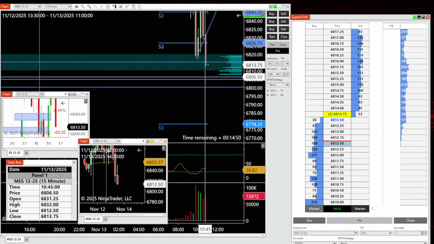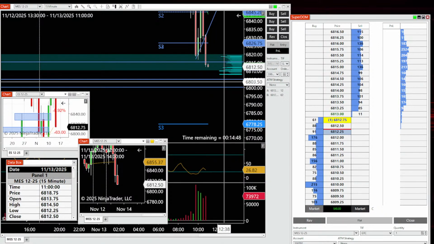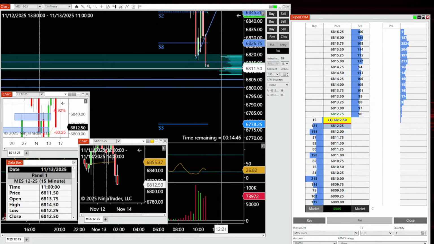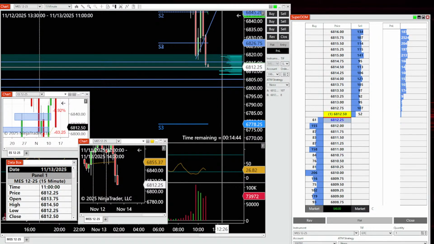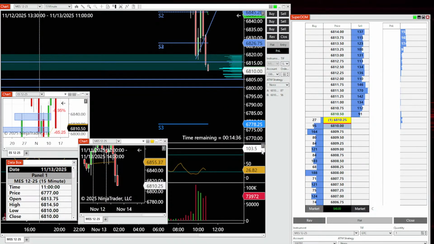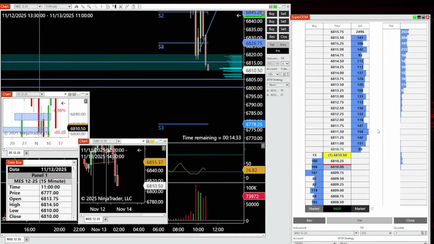Now, does it peak below and then get a pop up, or does it keep going? There we go, it broke. Okay, it broke. Do we get a pop at 10? Some type of bounce?